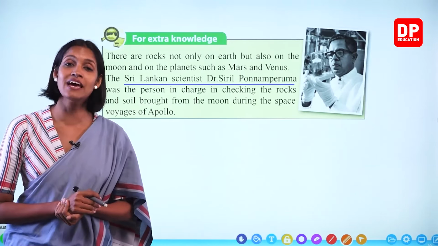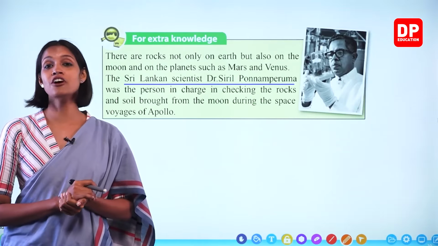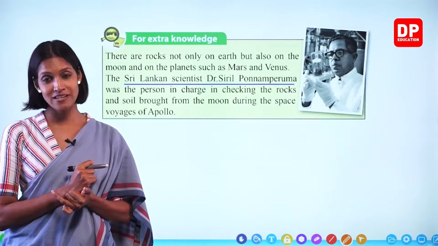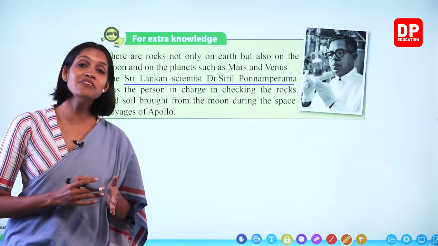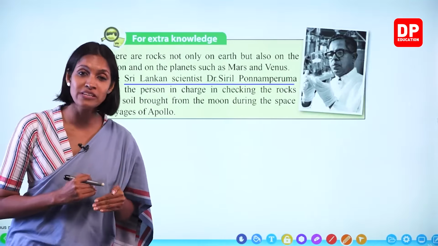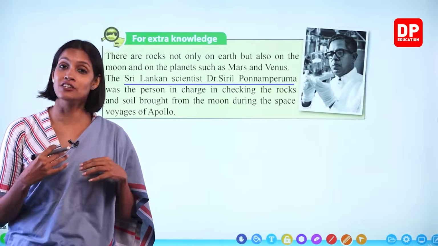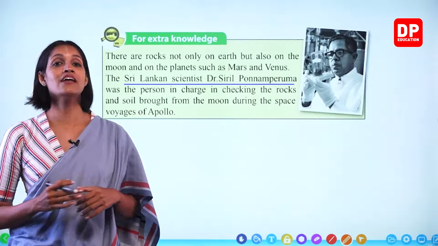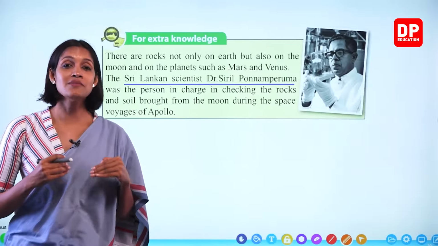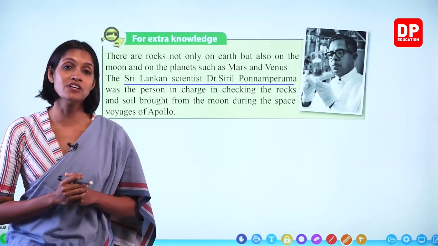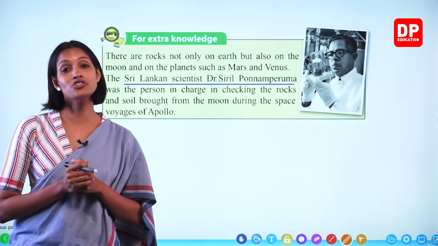Under that we learned that there are three types of rocks: igneous rocks, sedimentary rocks, and metamorphic rocks. Okay, children? And then we learned about different types of minerals. We observed some minerals in the lab and we learned the uses of those minerals. And now we know that rocks and minerals are two different things. So in the next chapters, we are going to learn more about rocks.